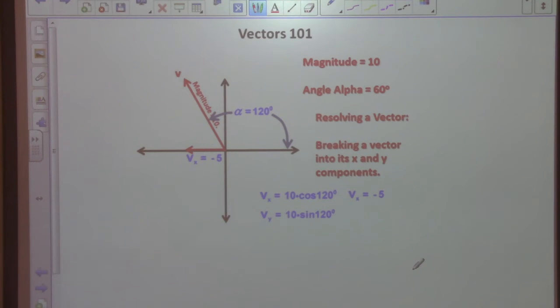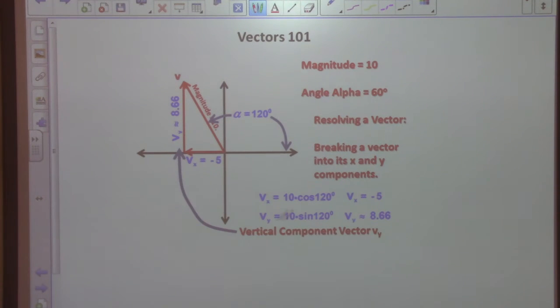So we come back to that song that I've been bothering you with all year, right? Our cosine is x and our sine is y. Okay, that's what it is. So the vertical component vector v sub y is going to be approximately 8.66.